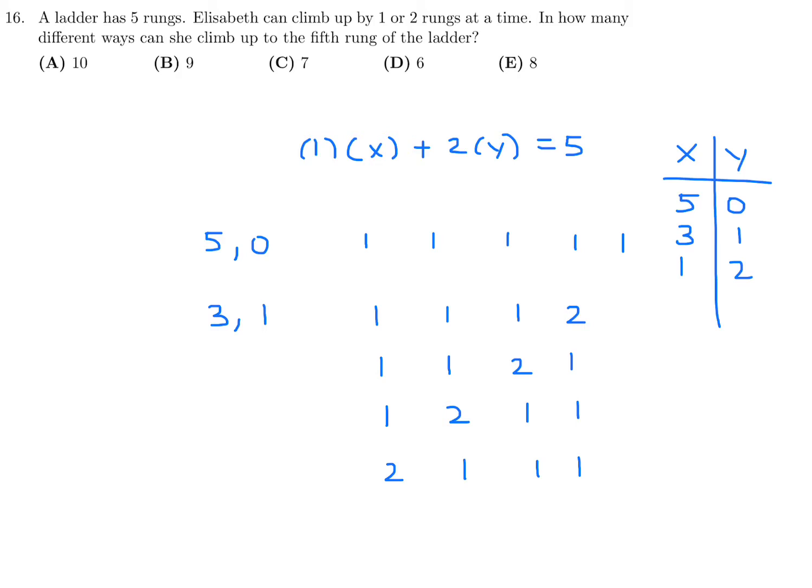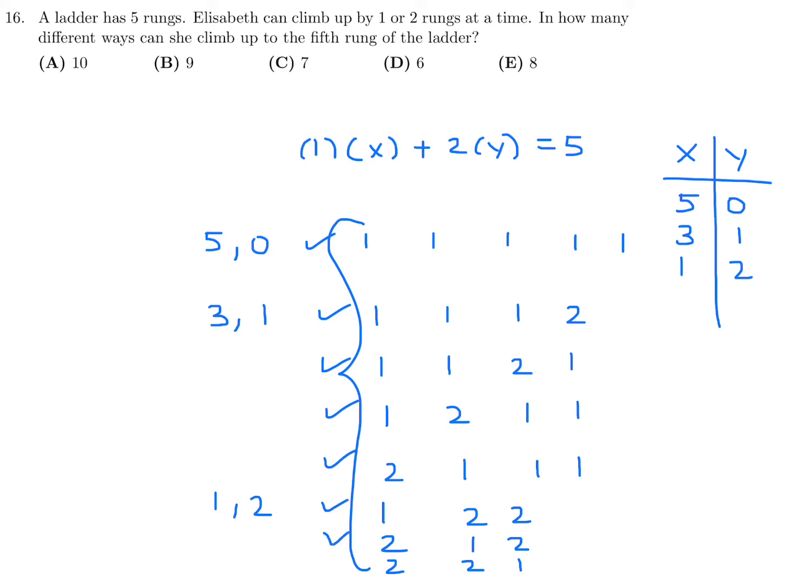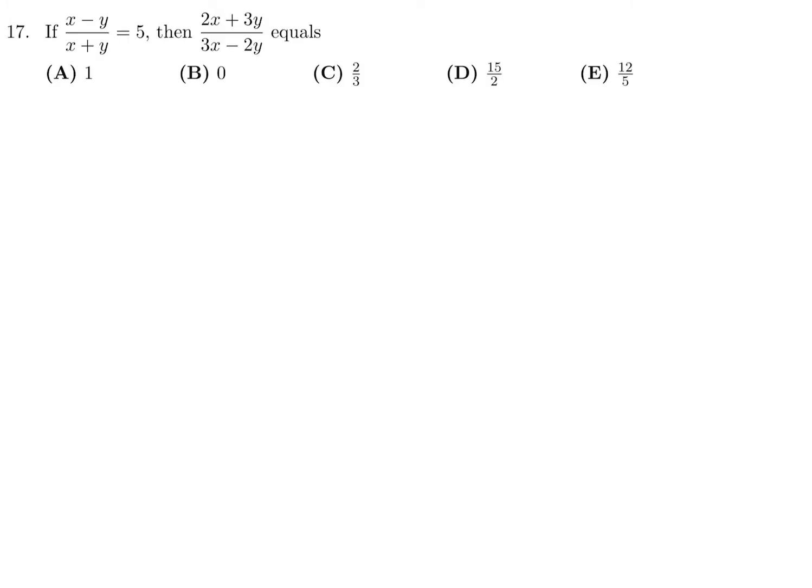And then the 1, 2 combination of 1 step and 2 steps, that can be either 1, 2, 2, 2, 1, 2, or 2, 2, 1. So how many did I create? 1, 2, 3, 4, 5, 6, 7, 8 ways. And therefore number 16, the answer is E.